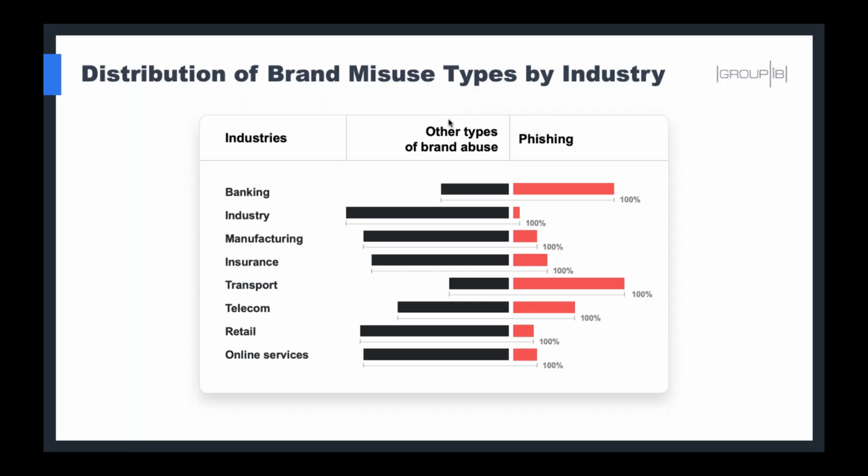For industrial companies, the situation is not the same, and phishing is the lesser problem, etc. But the biggest part of industries, as you can see, are facing a lot of trouble not from phishing nowadays, but from brand abuse.